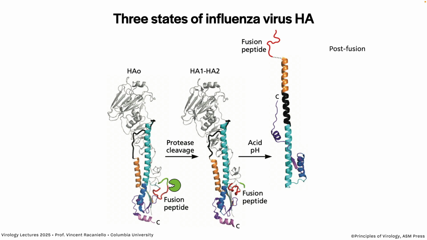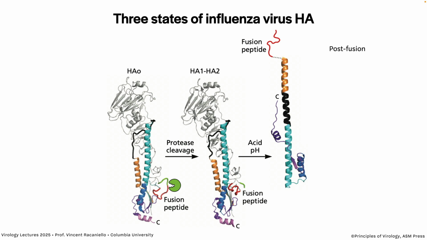So these proteases cut the fusion peptide. Now you have an N-terminus that is hydrophobic, and when that gets thrust into the cell membrane, it can insert into it. So low pH and a protease are needed to control the fusion of influenza virus, because again, you don't want it to happen anywhere.